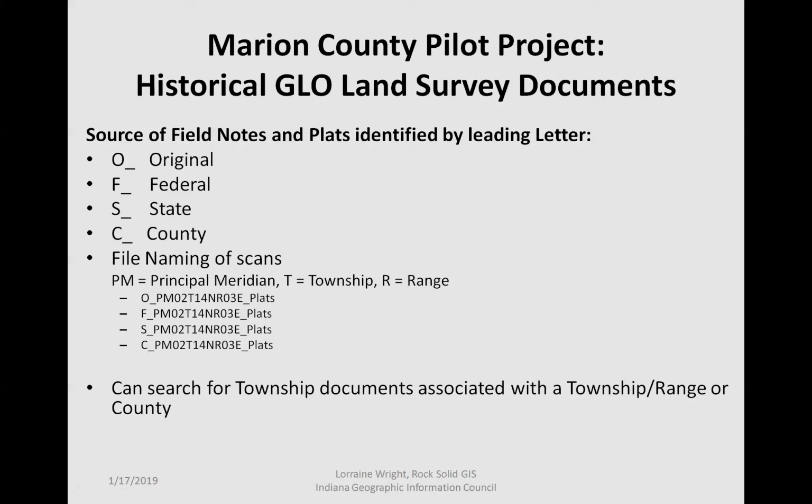On this particular one here, it's original, principal meridian 02. The T stands for township. 14 north is the direction. Then range, which is the east-west direction. Then it tells whether it's a plat or a note. And in the GIS project, you'll be able to search by township or range.